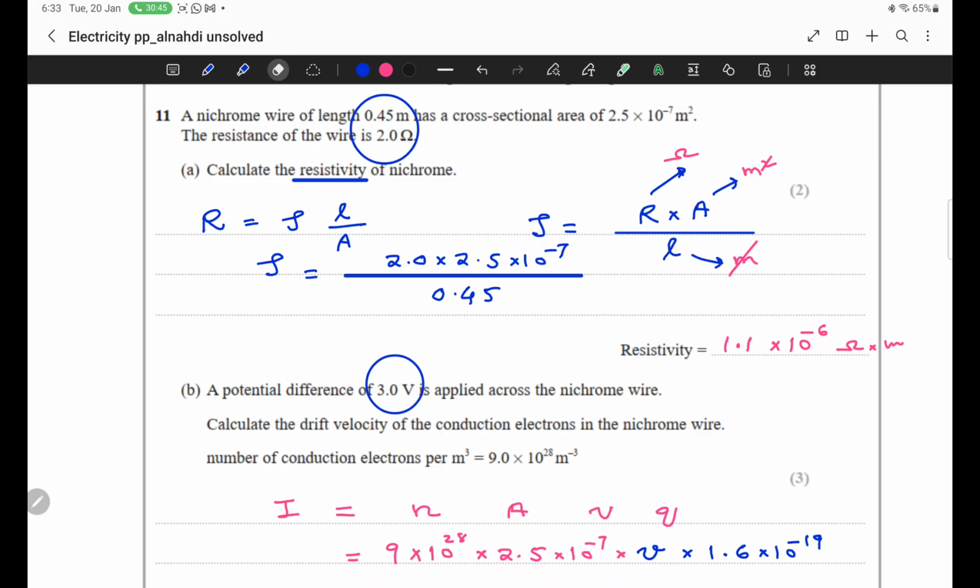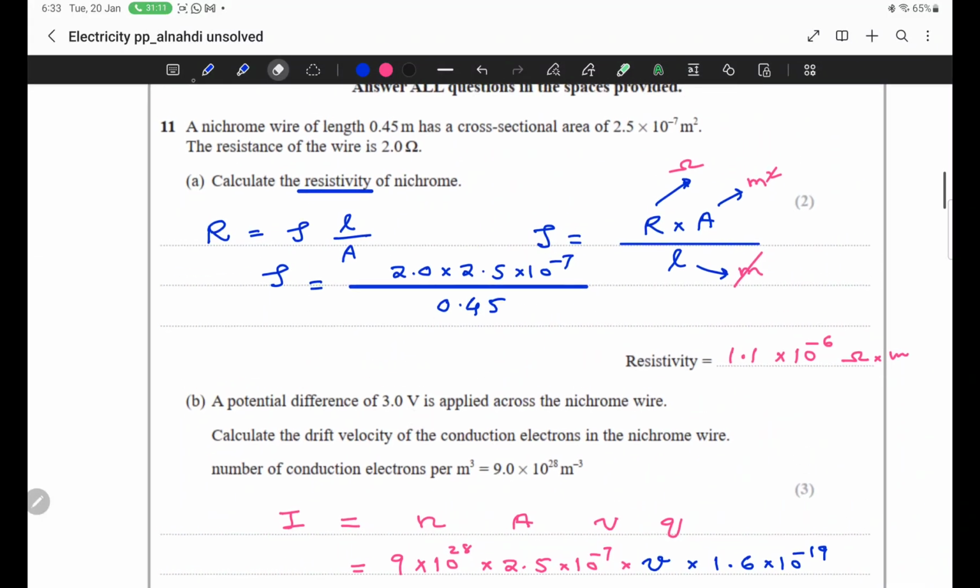Then what should I write? Give me the numbers. 2 is the resistance. I am asking what should I write here, beta?